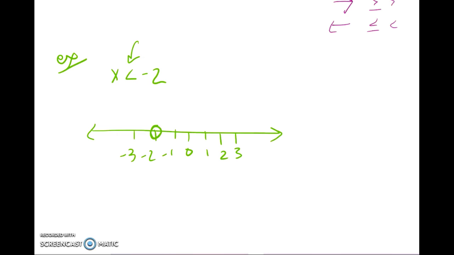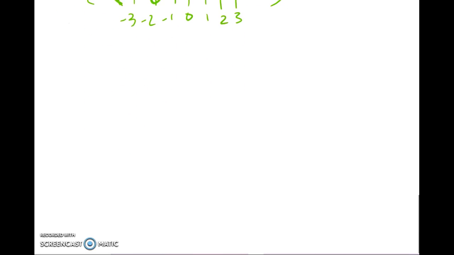And then which direction should our arrow go? If it's less than, we go left, and if it's greater than, we go right. In this case, it's x less than -2, and so we're going to go left here. All right, let's do one more example. These really aren't too bad once you get the gist of them. What if m is just less than 0?